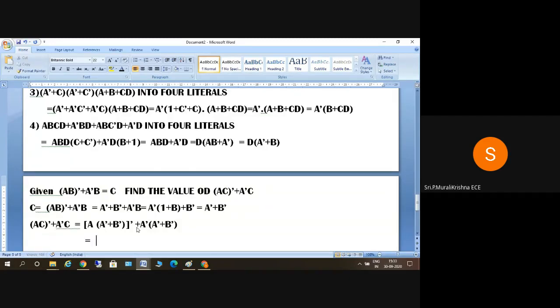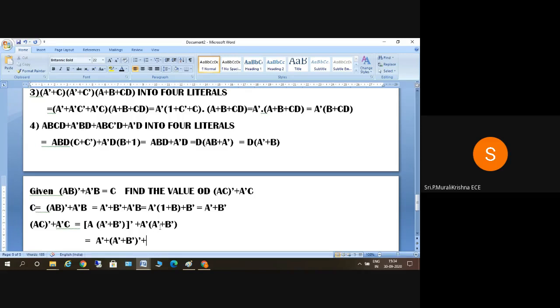So that is equal to, so what can I write here? A into B whole bar is equal to A bar plus B bar. That is A bar plus, what is this value? This is B bar here, so A bar plus B bar.